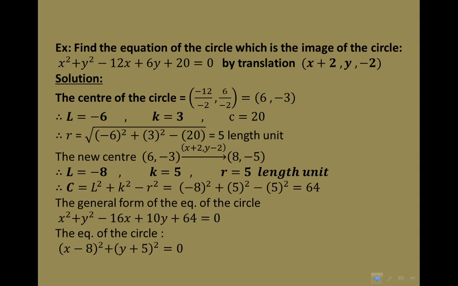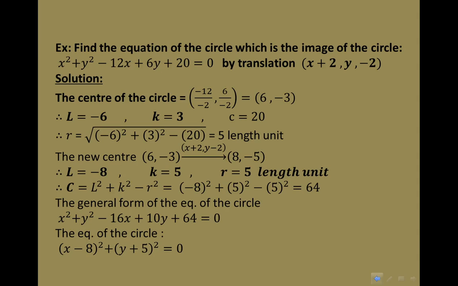Since the center equals 6 and negative 3, therefore the new center by translation x plus 2 and y minus 2 equals 6 plus 2 equals 8, negative 3 minus 2 equals negative 5, then the new center is 8 and negative 5. Therefore L equals negative 8, K equals positive 5, and R, the radius of the circle, equals 5 length unit.